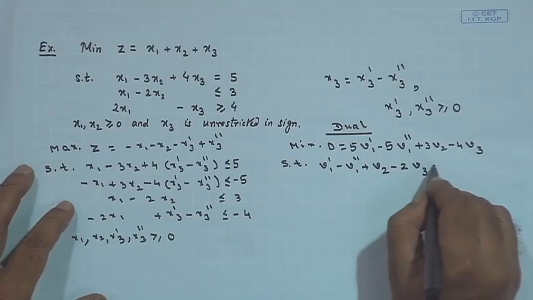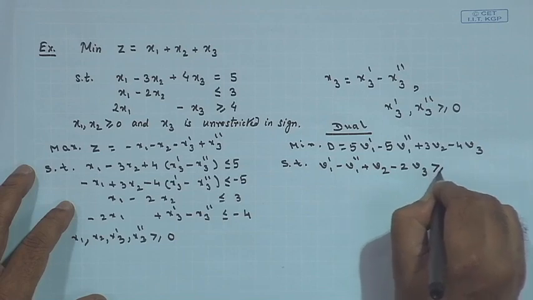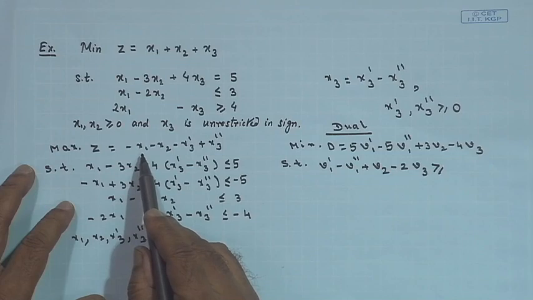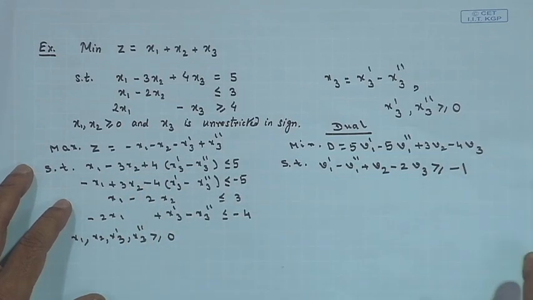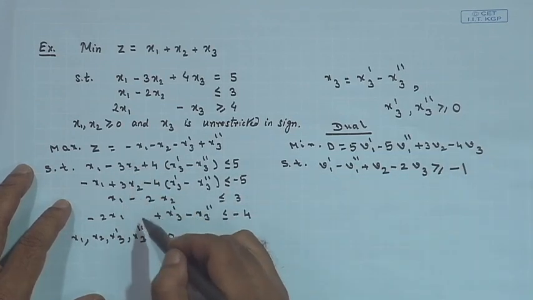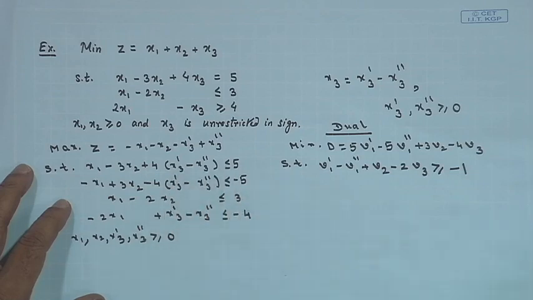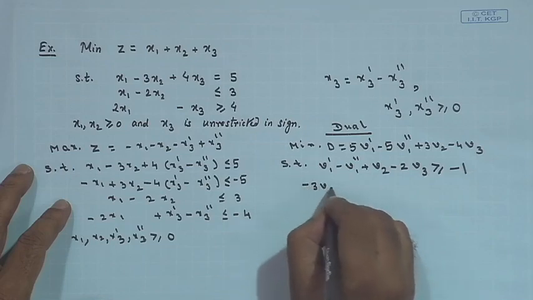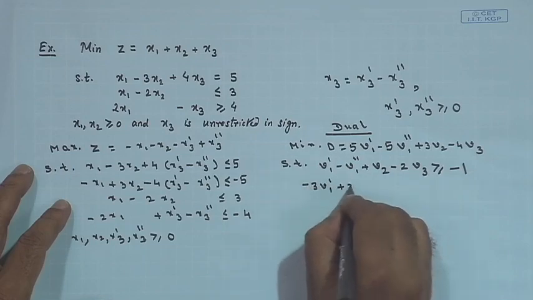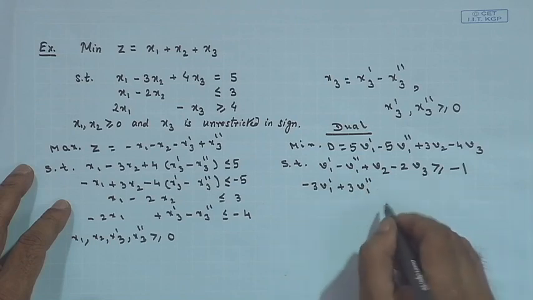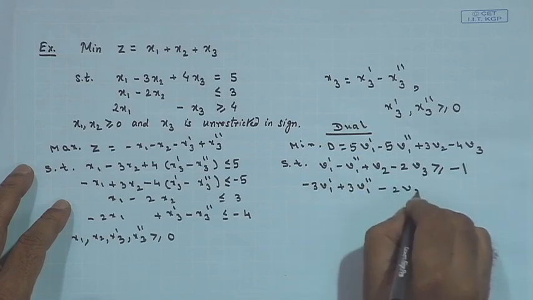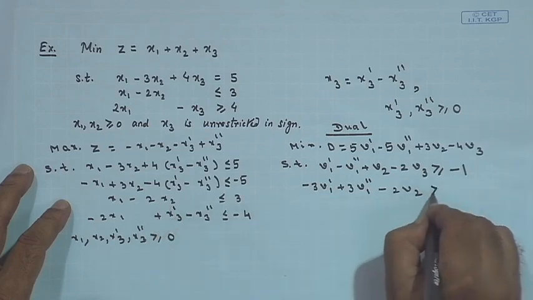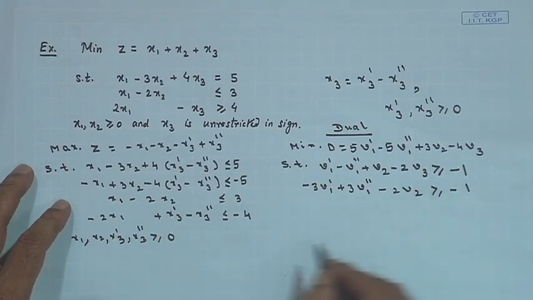This is greater than or equal to minus 1, since the x1 coefficient in the objective function is minus 1. Similarly, we have to do it for x2, x3 and the others. So, writing directly, minus 3 v1 dash plus 3 v1 double dash minus 2 v2, because x2 is appearing here and v3 will not come. This is greater than or equal to minus 1.